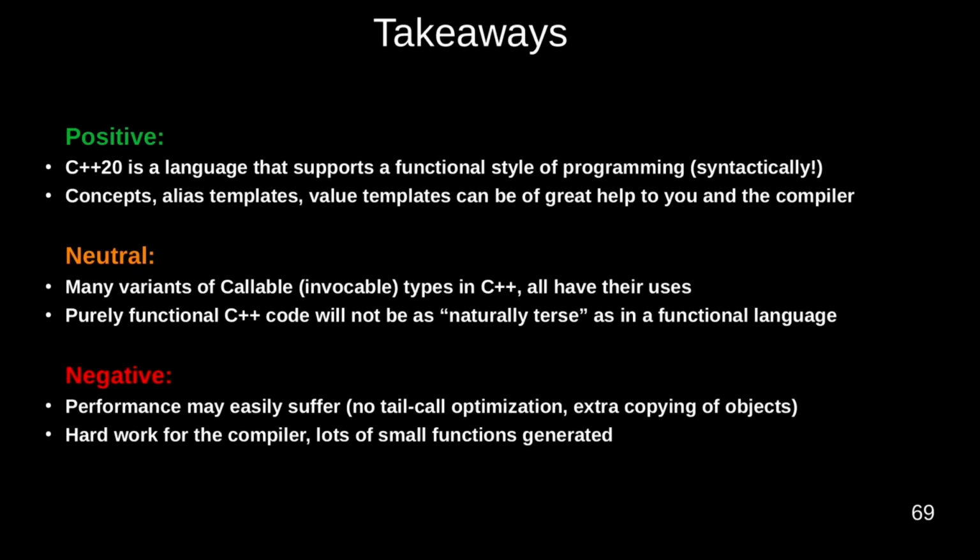Also, there are some problems. First of all, you have to think about performance. This is C++ after all, so it may easily suffer. For example, in the C++ standard, there's no guaranteed tail call optimization. So if you look at this do notation in Haskell, you might think, oh, that's just syntactic sugar that does all these deeply nested recursive function calls.